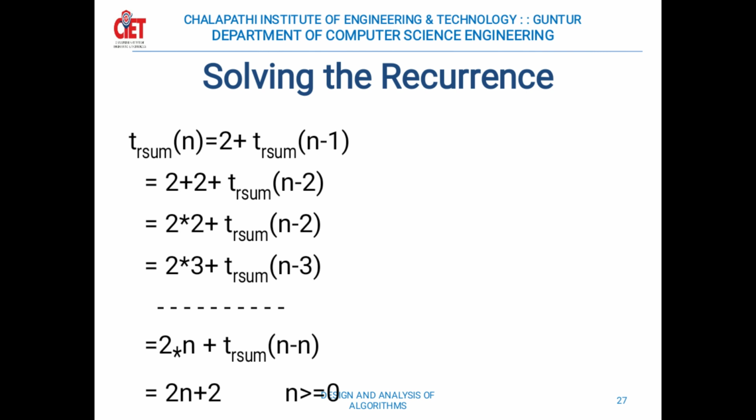So the next one is 2 into 4 plus t RSum of n minus 4. In that way, 2 into n plus t RSum of n minus n, which is equal to 0. So t of 0 is equal to 2. Already we know it, where if n is equal to 0, then t RSum of 0 is equal to 2. If n is equal to 0, the time complexity is only 2. So 2n plus 2.